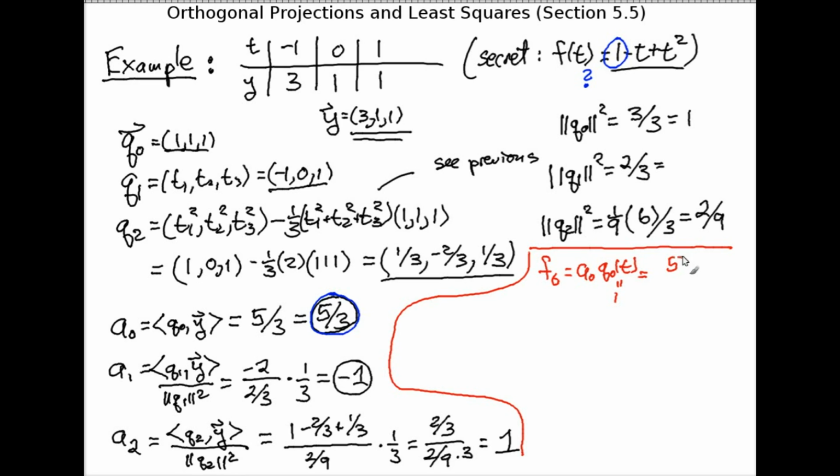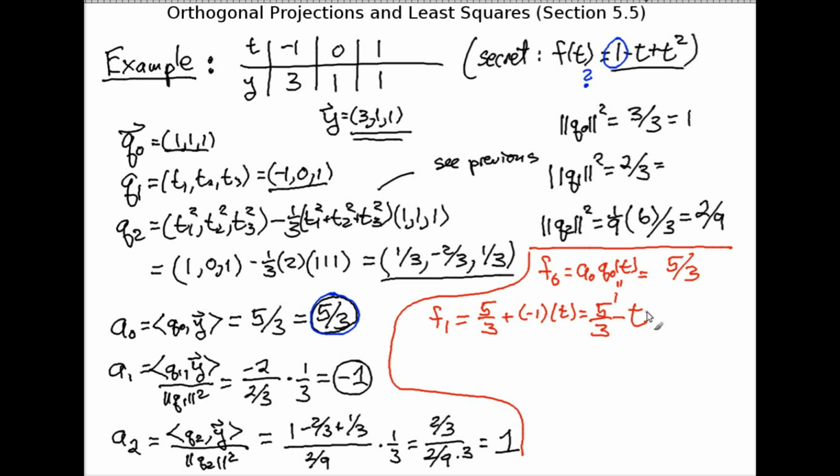So this is just the constant function 5/3. And then F1 is 5/3 plus A1, which is minus 1, times Q1, which is the function t. So that is to say it's 5/3 minus t.